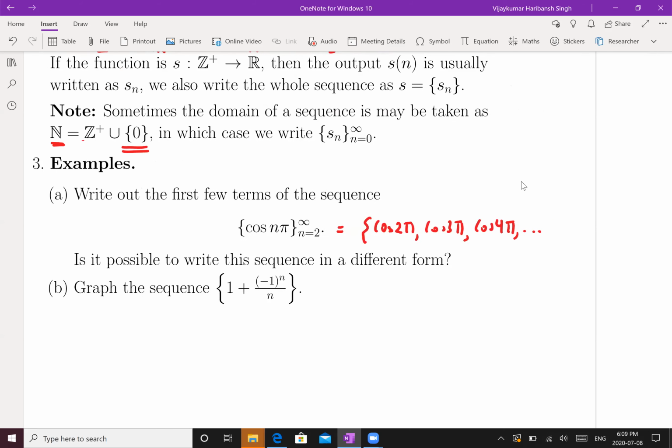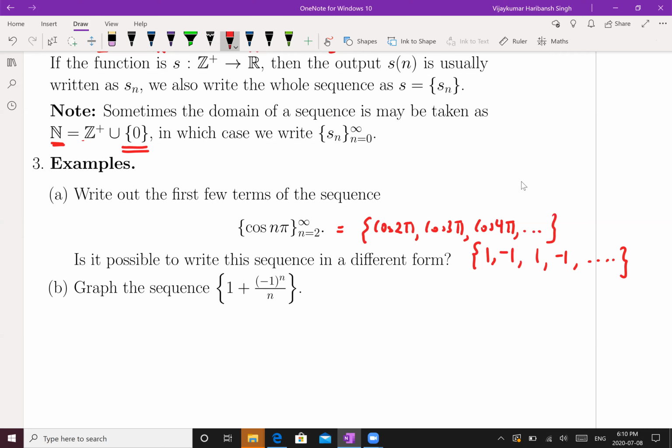Cos of 2 pi is 1. Cos of 3 pi is the same as cos pi, which is minus 1. Then 1, minus 1, and so on. These are the first four terms of the sequence. Note that this sequence can also be written as minus 1 to the power n.